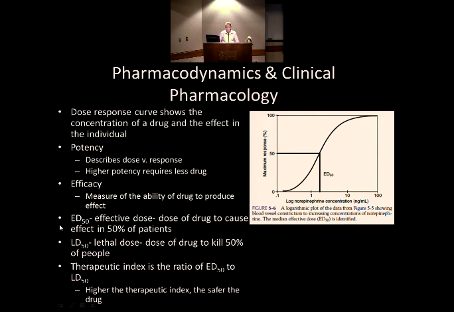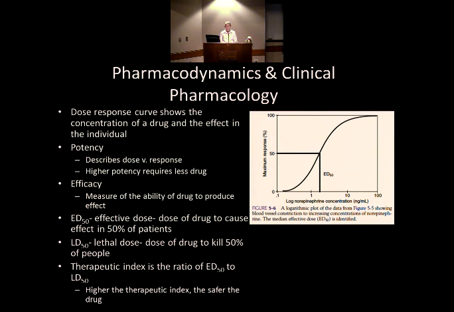What we consider the ED50 is the effective dose in 50% of patients, and that's what we consider the average effective dose. That's what will get you that result in half the people you give it to. So frequently, we'll give drug dosages that are 2 times or 3 times that number to make sure that we're covering more than 50% of the world when we give a drug.